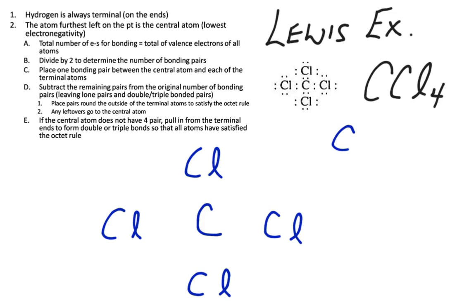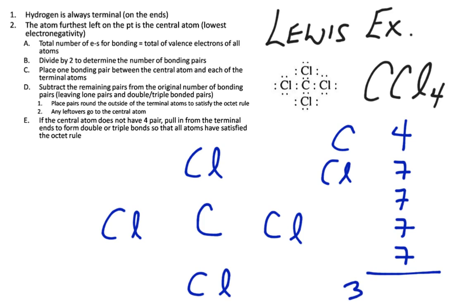So carbon has 4 valence electrons. Each of the chlorines has 7. But we have a total of 4 chlorine atoms. When we add all of this up, we get 28 plus 4, which is 32 valence electrons. 32 total valence electrons divided by 2 gives us our 16 pairs.